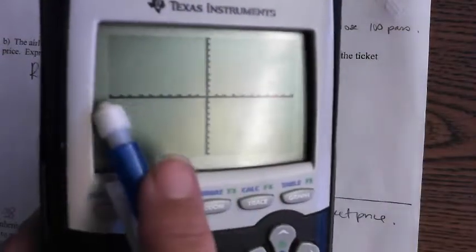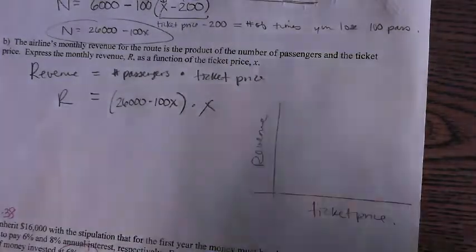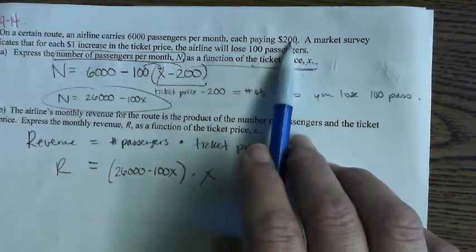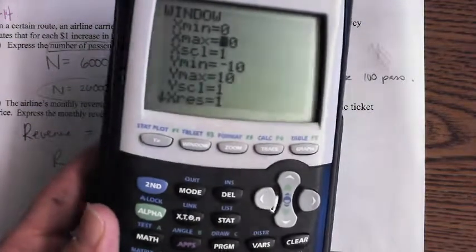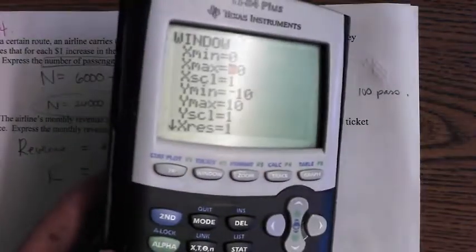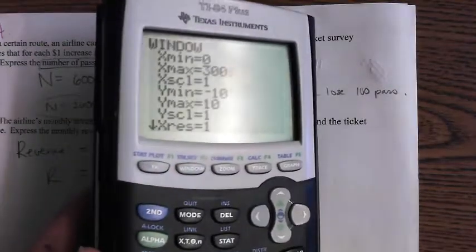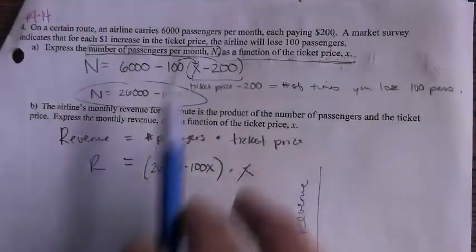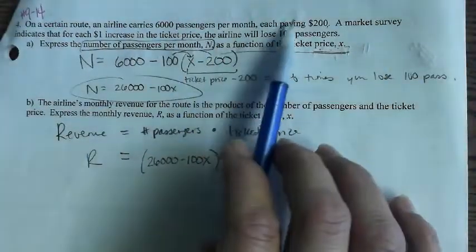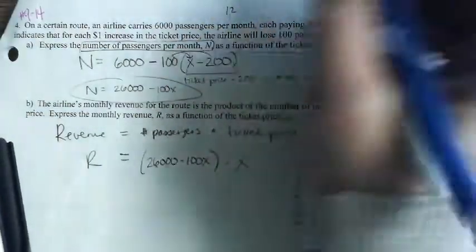Because a ticket price of -10 to +10 doesn't even make any sense. We're talking about plane tickets. We're starting at 200. So a ticket price window that would be appropriate to look in and around would maybe be like $0 to $300. And your revenue, as is, the revenue right now is 120,000. Did I do that right? 6 times 2 is 12 with 5 zeros.